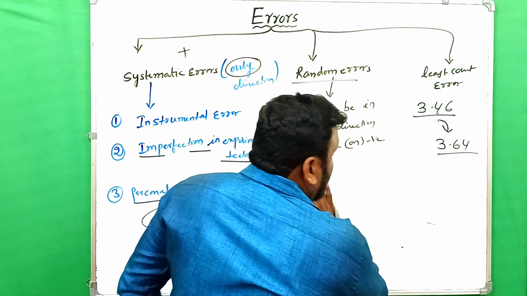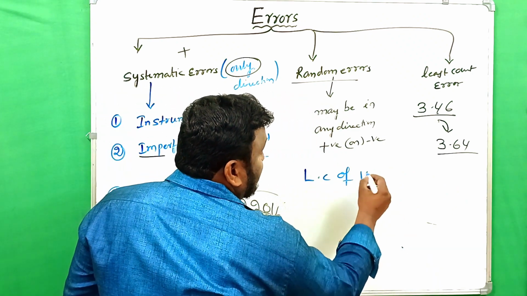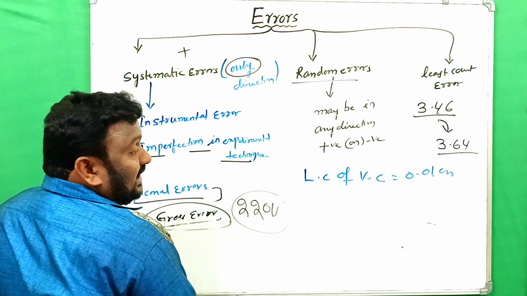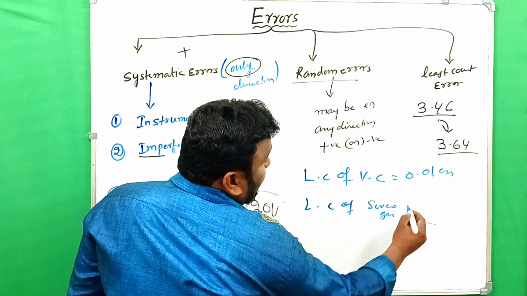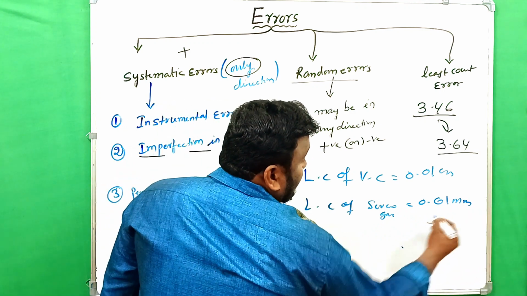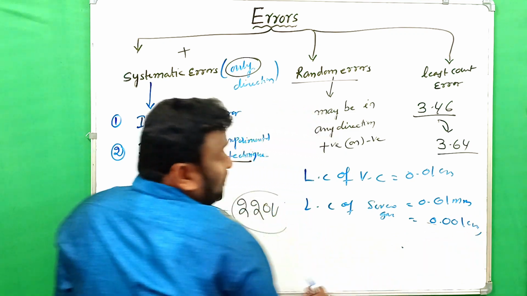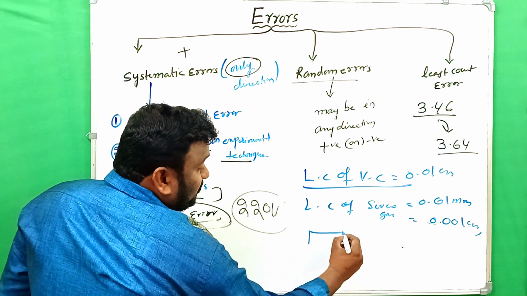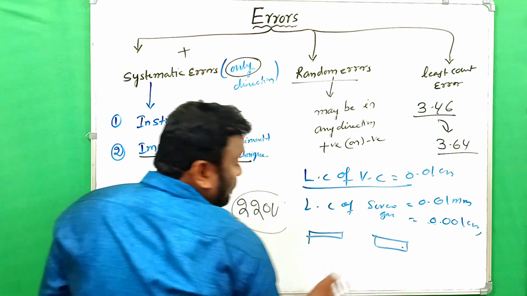The least count of the vernier calipers is 0.01 centimeters, and the least count of the screw gauge is 0.01 millimeters, which can also be written as 0.001 centimeters. Here you want to find out the length of a glass slab or a cylinder, whatever it may be.